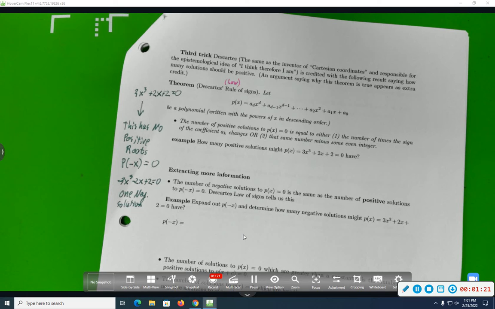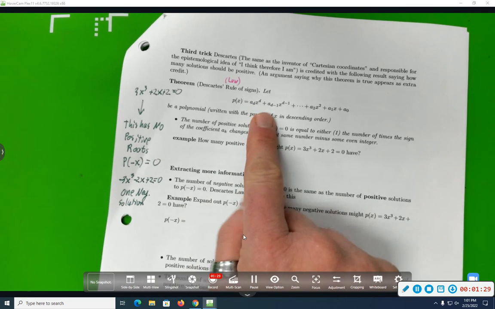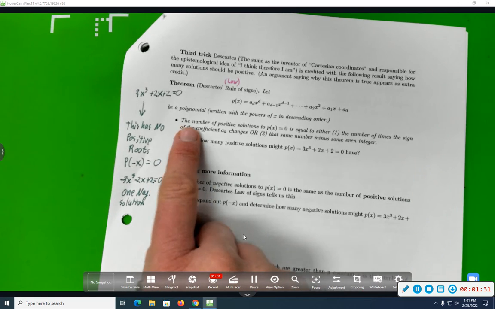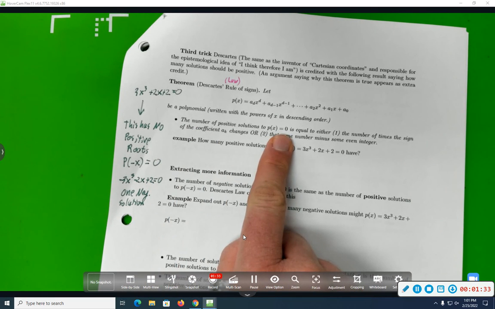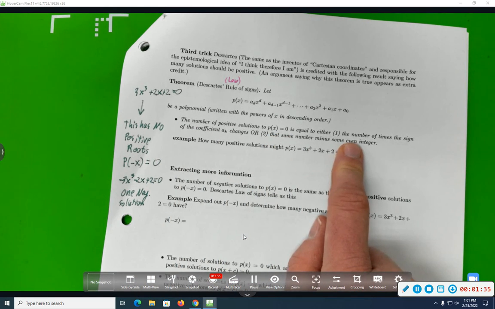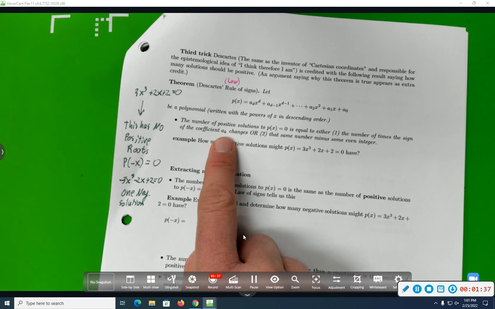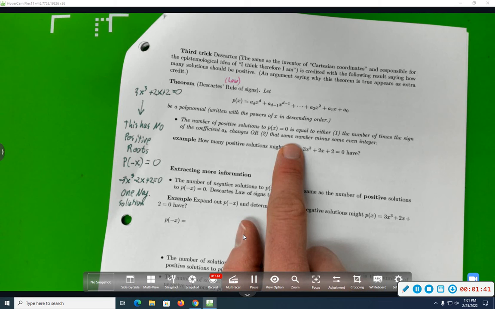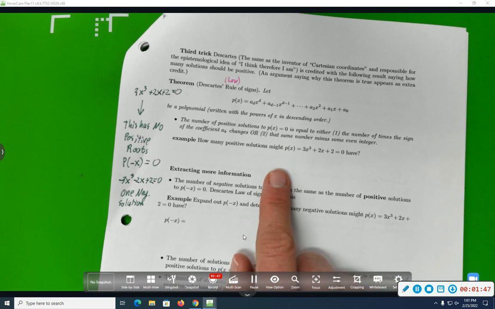Descartes' law of signs tells you how many positive solutions you should expect it to have, but there's an ambiguity. So it says there's a polynomial. It says the number of positive solutions to p of x equals 0 is equal to the number of times the sign of the coefficient changes from positive to negative or negative to positive, or that same number minus an even integer. So let's see this in practice.